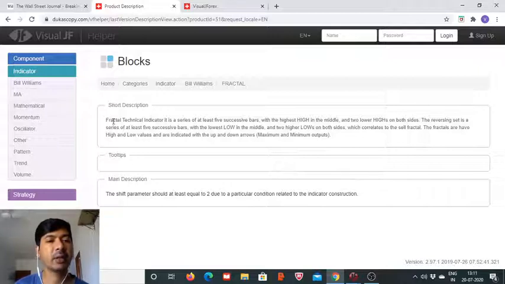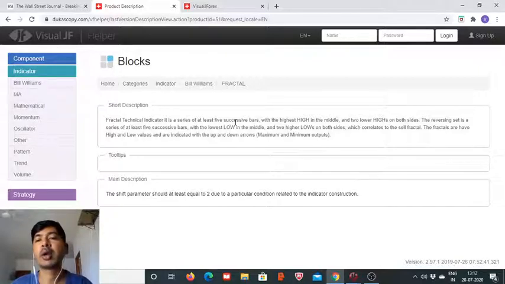Now if you consider the description, as you can see, this is an indicator which involves at least 5 candles, and these should be successive candles. I will need the chart also for explaining this later, but first we consider this description. You need 5 consecutive candles in which we take into account the highest or the lowest value.